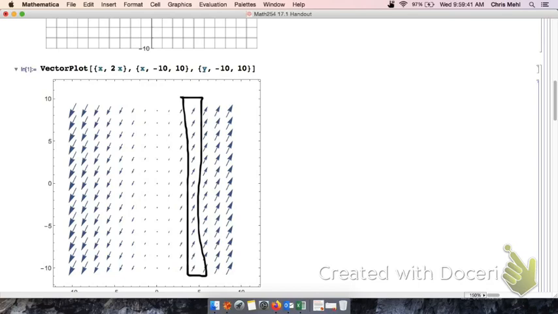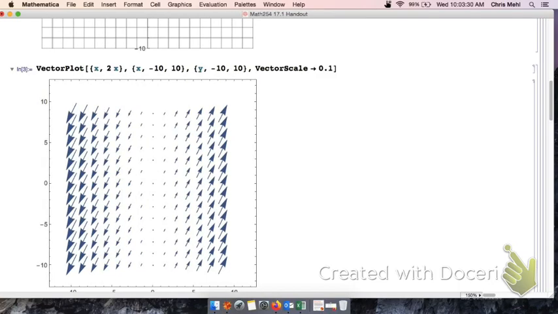But I don't know if they're really up to scale or not. Now you can change the size of the vectors. Let me look at the command for how to get more vectors to appear in your vector plot, because these are not all the vectors. This gives you a general idea of what the vector field looks like.